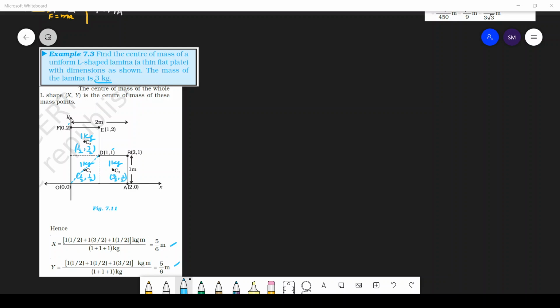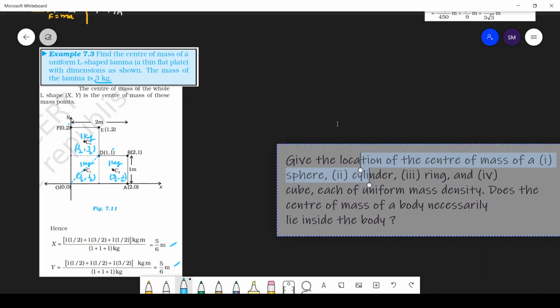Open your NCERT books, page 178. So that's the question that we have.